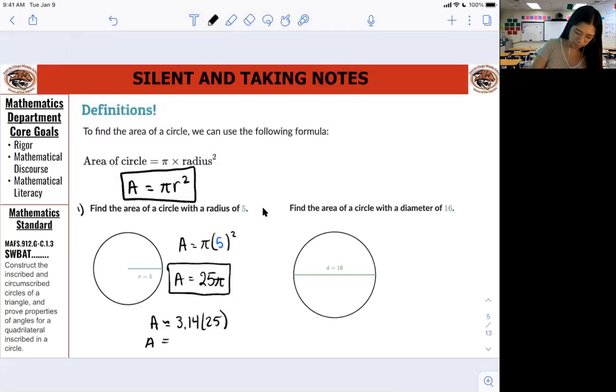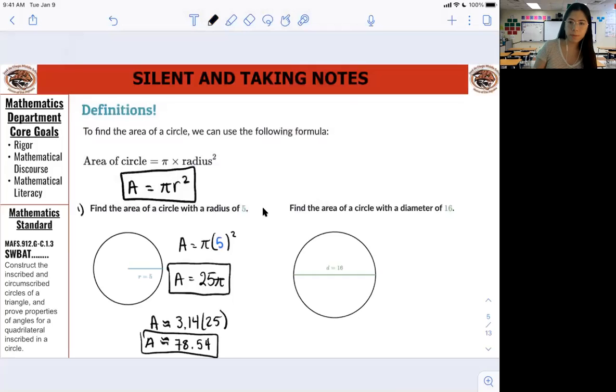Up to 2 decimal places. 78.539, so 78.54. So that's the approximate area, but since 3.14 is an approximation, that's why we tend to just keep it as pi. It's more accurate that way.